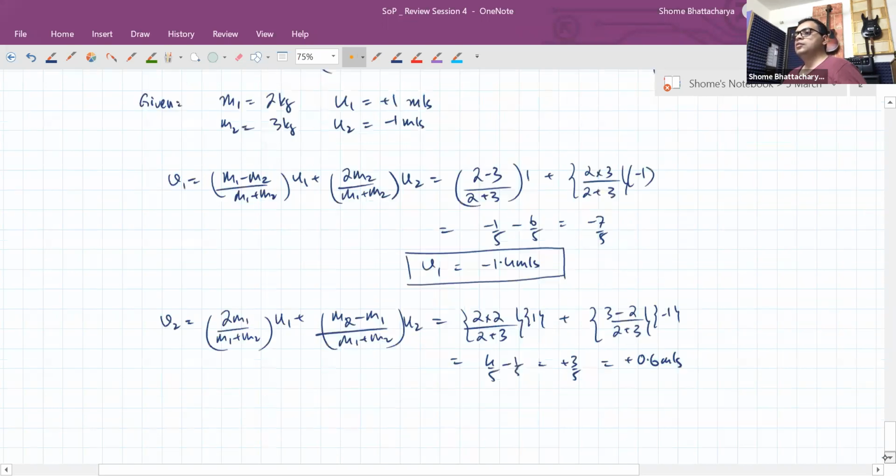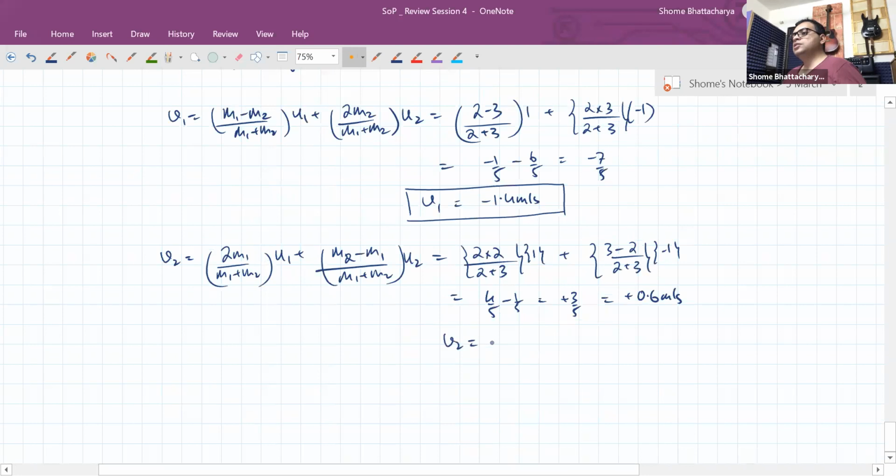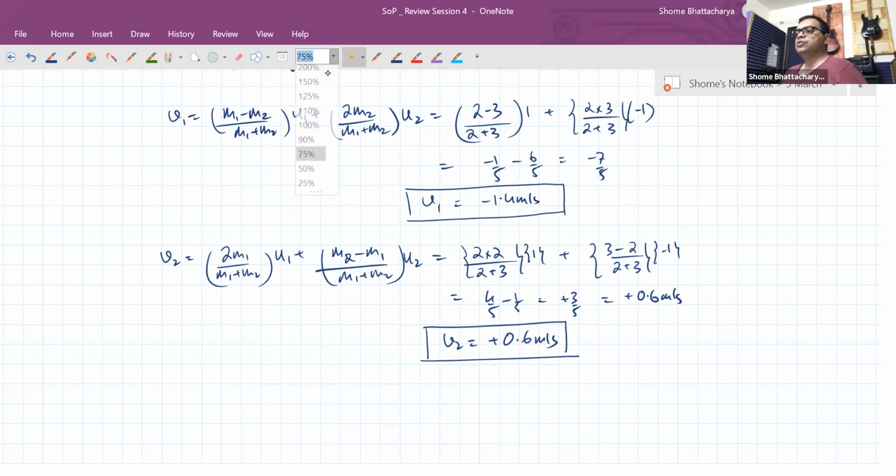Okay, so our second particle's velocity is becoming plus 0.6 meters per second. So let us interpret this result that we get. I'll just give you a minute to go through this first.